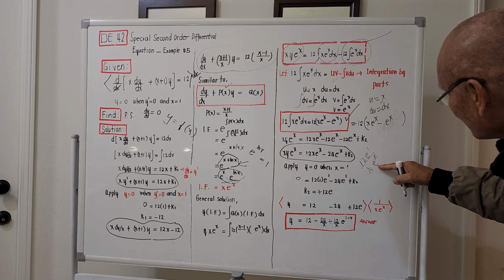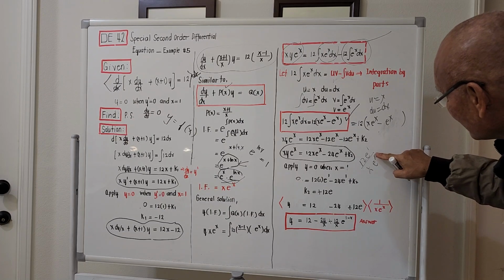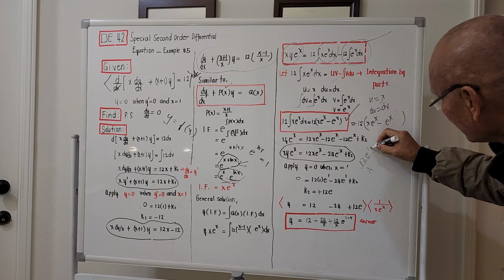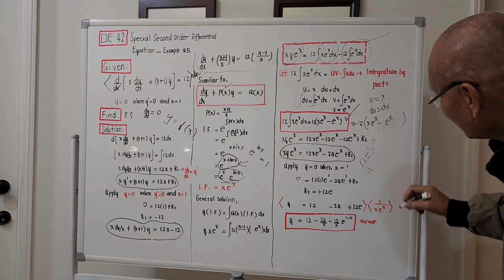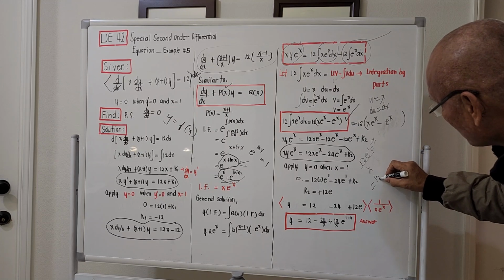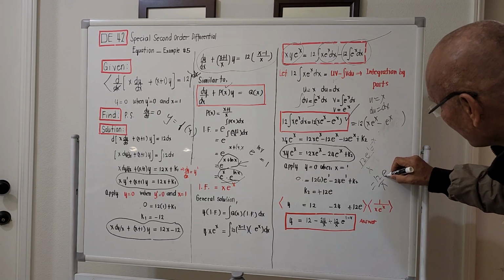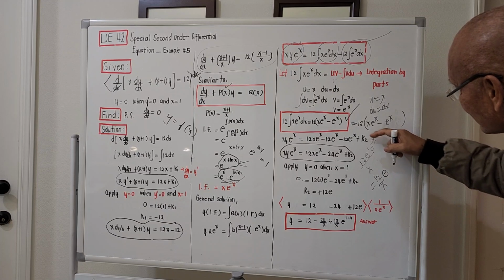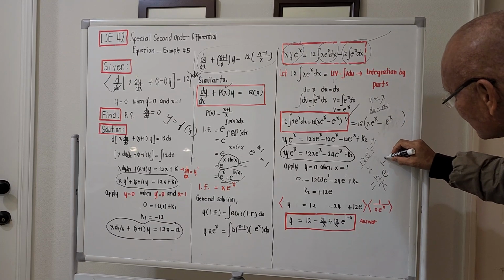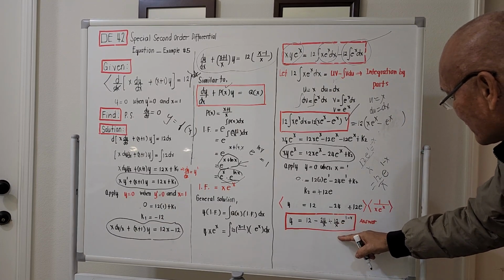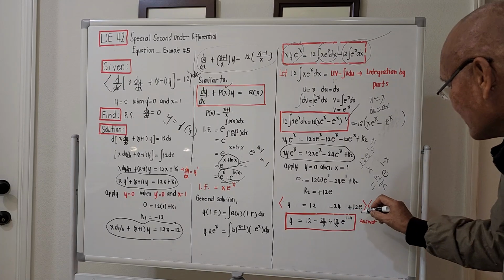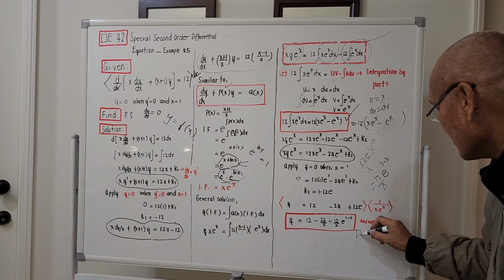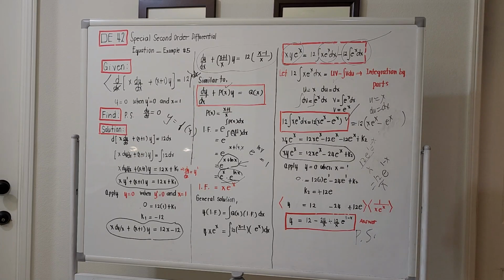If I will try to place this one on top, this should become e to the negative x, right? So what will remain will be 12 over x, e raised to same base, add the exponent, so 1 minus x. So this is 12 over x times the value e raised to 1 minus x. That's the final particular solution.